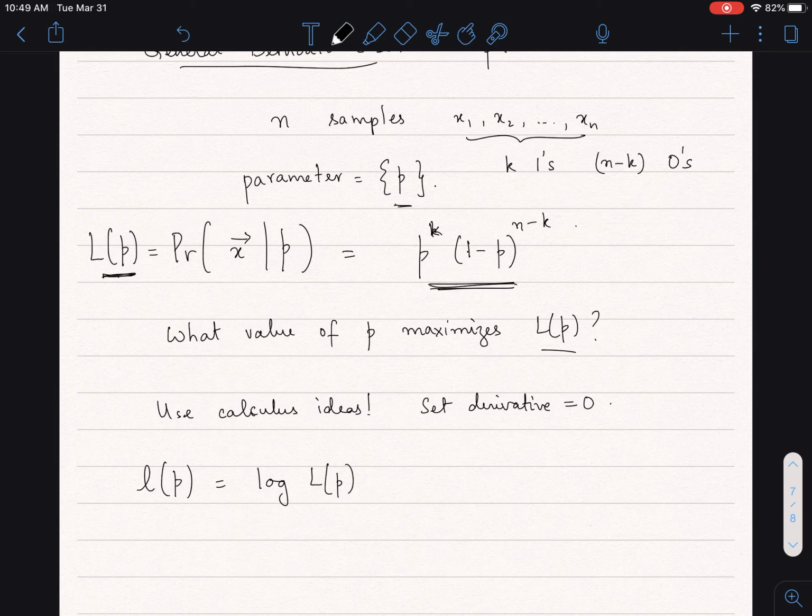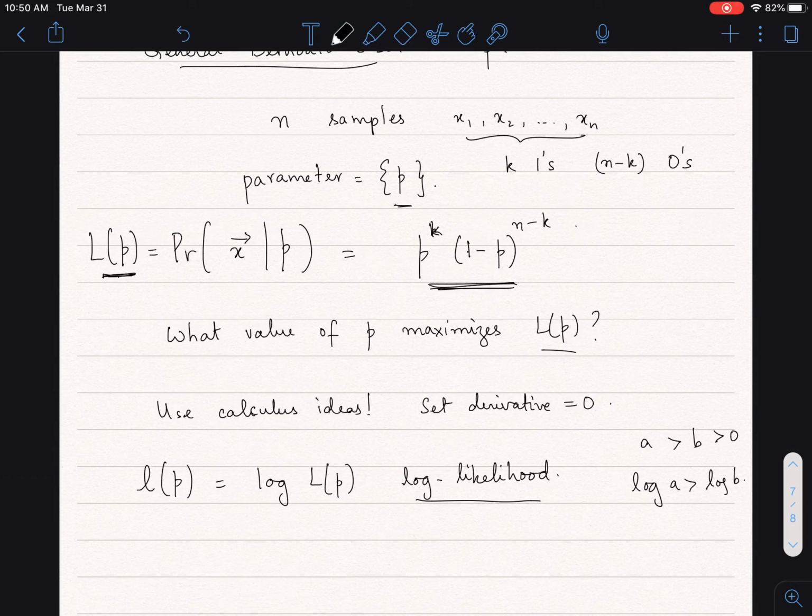This is called the log likelihood. Note that log is a monotone function, so taking logs preserves the order. If A is more than B, and let's say both are positive, then log A is more than log B.